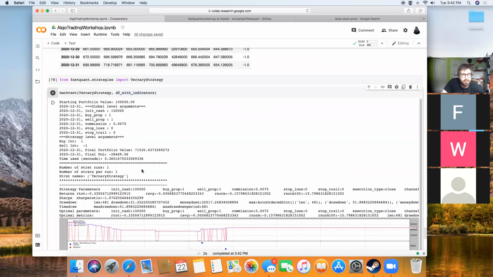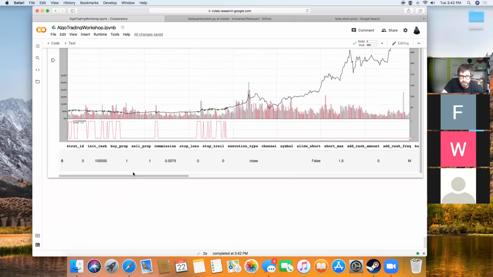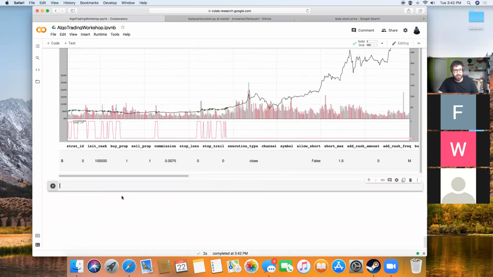How well did it do? I don't know, we started with 100,000 and we ended up with 71,000. We lost 28,000. Let's compare to the buy and hold.